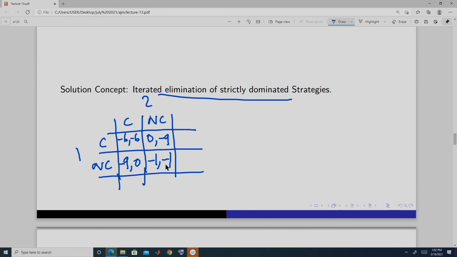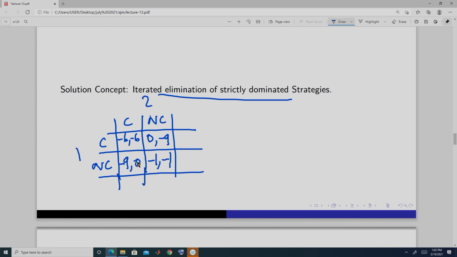this. Now, what iterated elimination of dominated strategies says is that you eliminate the dominated strategy. What do we mean by dominated strategy? Suppose player 2 plays not confess. In this case, -9 here, -6 here. So, this is less than this, right.